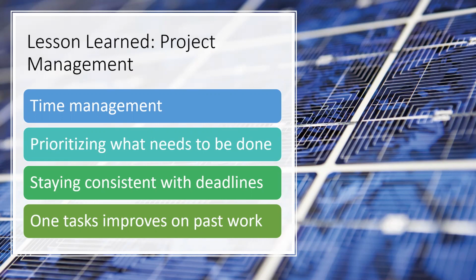Staying consistent with deadlines was really big for me. I found that with scope, sometimes I got distracted within one section of my research, and at times found myself getting stuck and bottlenecked at that portion. So keeping myself consistent with deadlines made sure that I pushed through to the next thing that needed to be done.